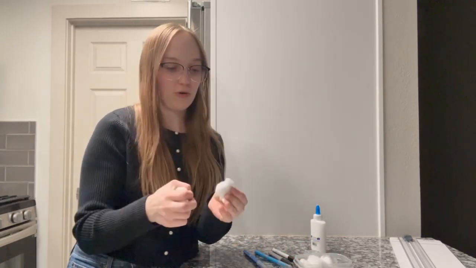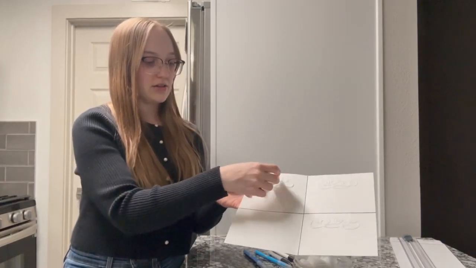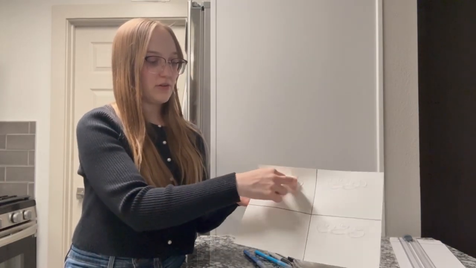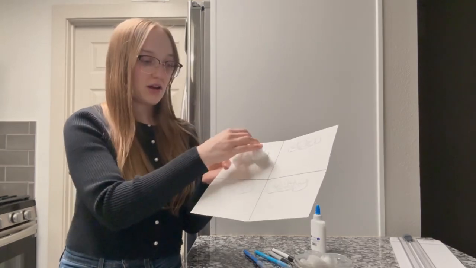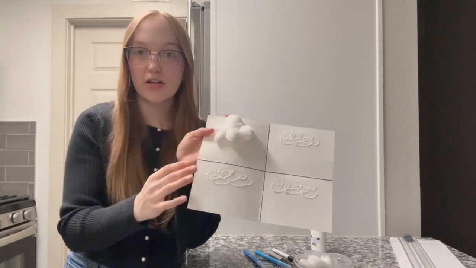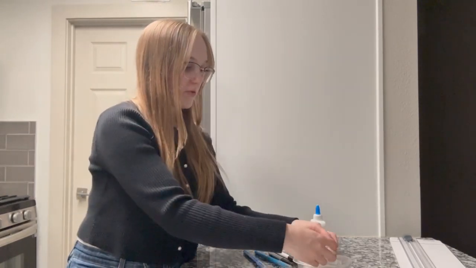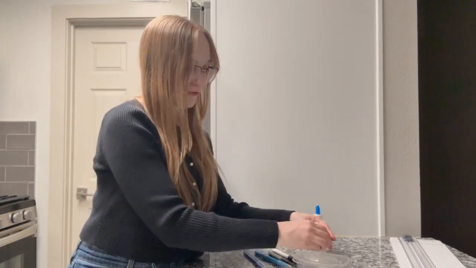So I'm going to take 4 cotton balls here, and I'll show you. You're going to stick 3 on the bottom like this, and then 1 at the top, and you really want to apply some pressure so that it stays on there, and you have your cloud. So I'm going to go ahead and, as quickly as I can, make the rest of my clouds.